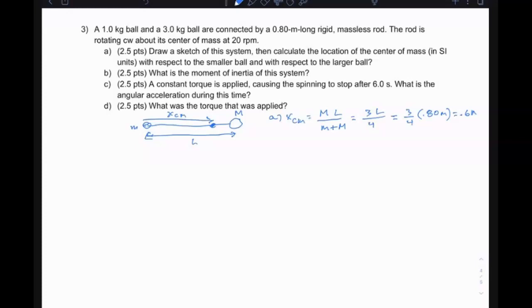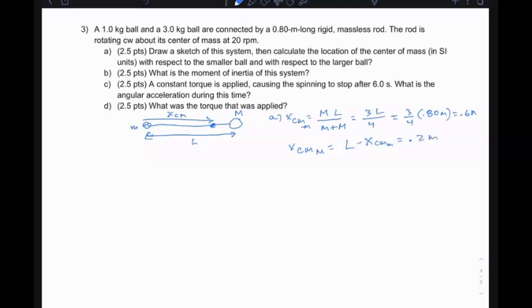And I could denote this as X center of mass with respect to little m. X center of mass with respect to big M is just equal to L minus X center of mass with respect to little m, or 0.2 meters.